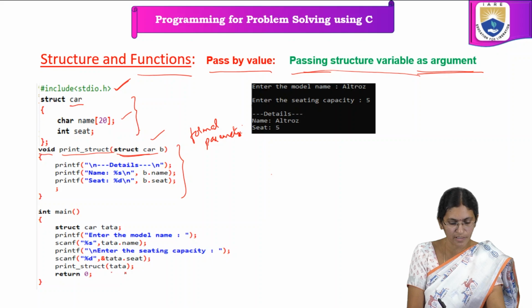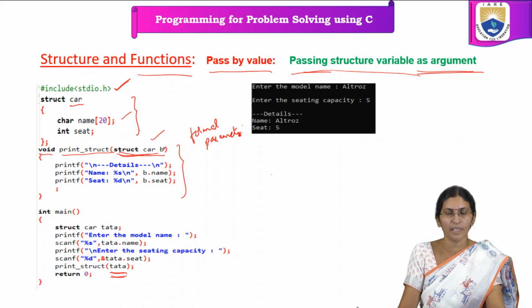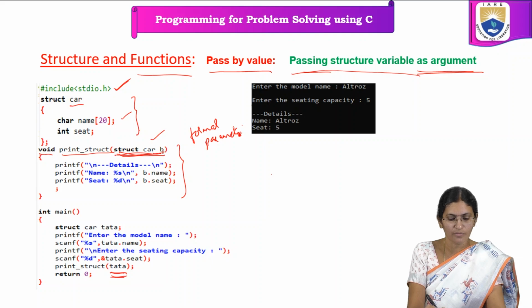Since here we are passing the structure, we are passing a variable which belongs to the structure type. Therefore, in order to receive that parameter we need to define a structure variable here itself, belonging to the same structure: struct car, and the name of the variable is B.